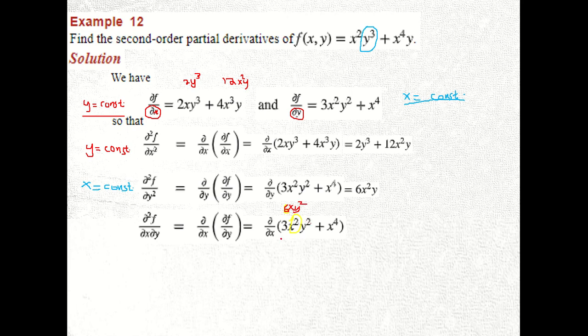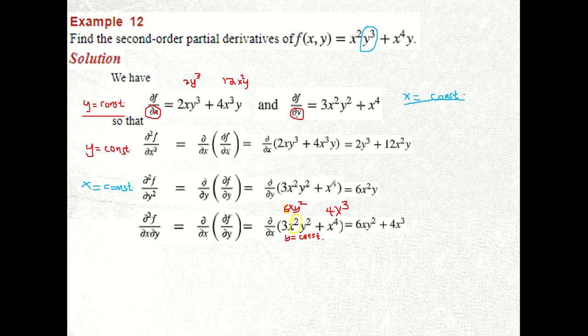Remember, we hold y as constant for doing this part. Then taking the derivative of this with respect to x, we have 4x cubed. So that's why we have the final result: 6xy squared plus 4x cubed.